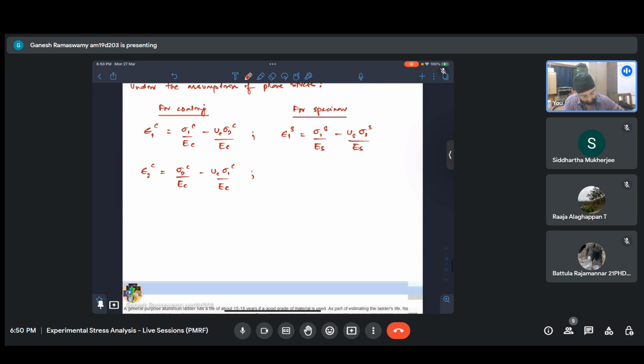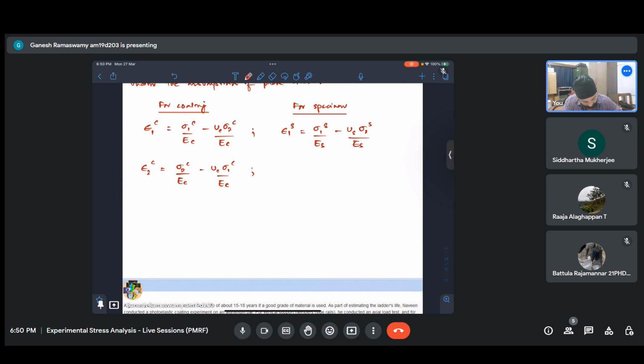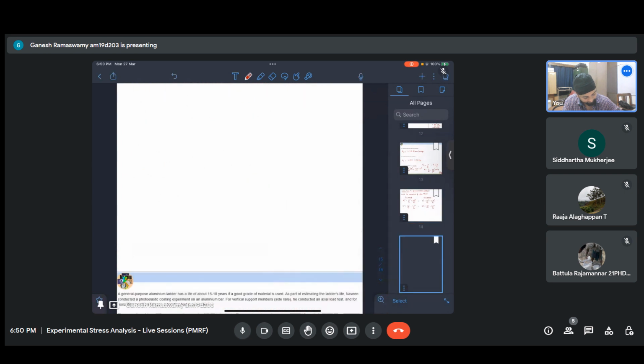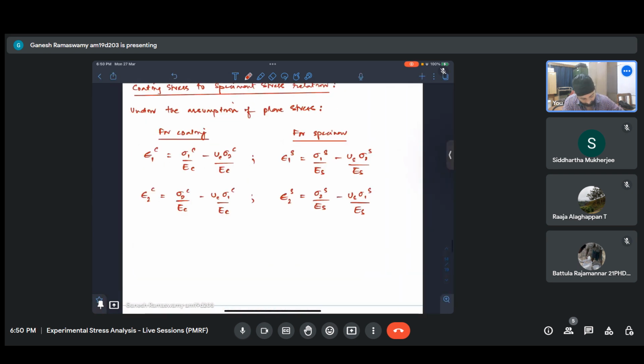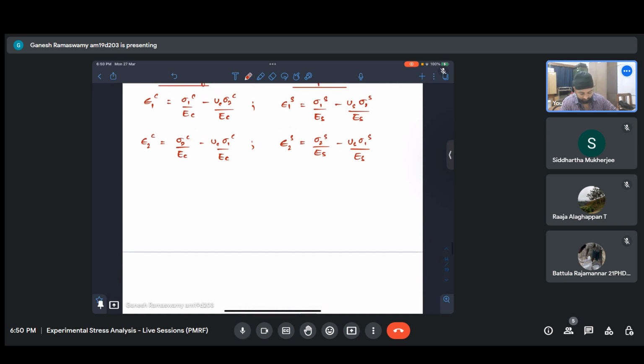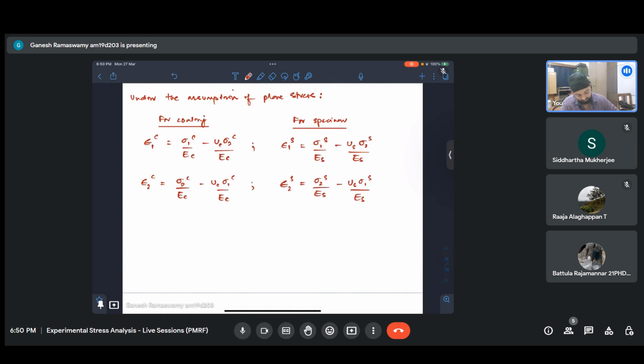Similarly, epsilon 2s will be sigma 2s by Es minus mu s sigma 1s by Es. Now this was under the plane stress assumption.